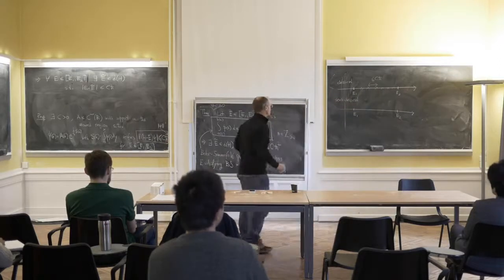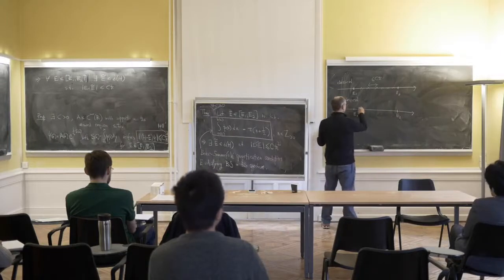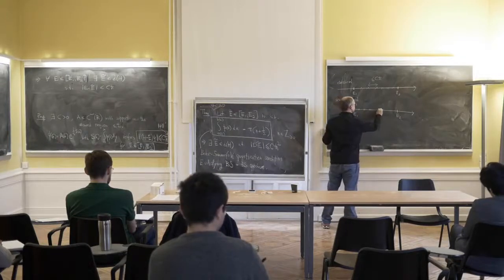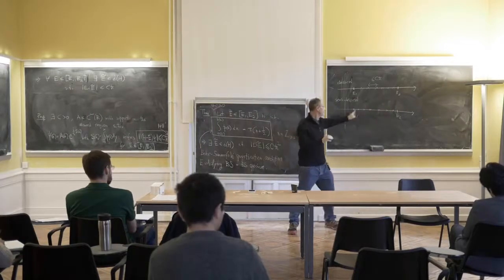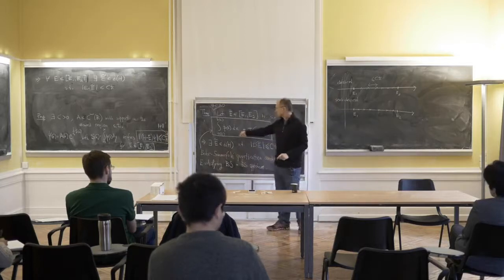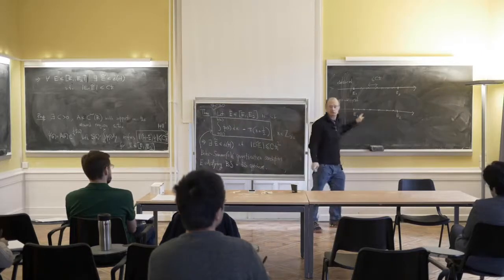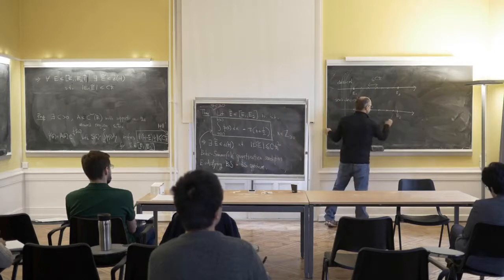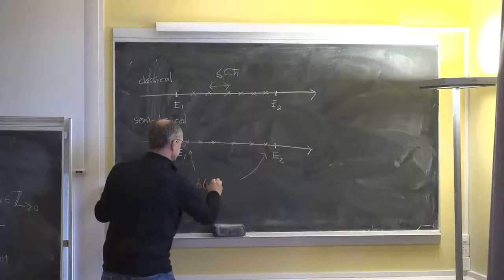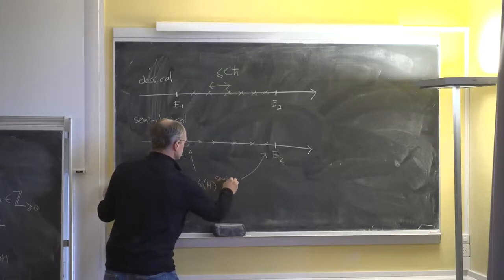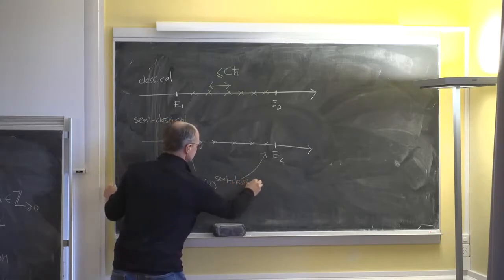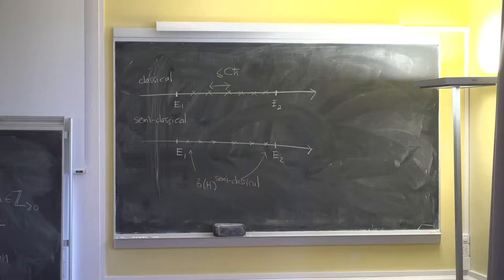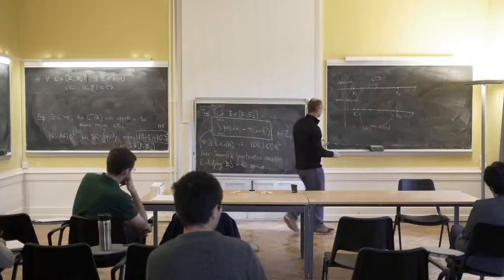Now, the semi-classical thing is telling you the following. There is this semi-classical spectrum. These are some fixed values of the energy for which this equation is solved. So this is sigma semi-classical or quasi-classical, whatever the word.